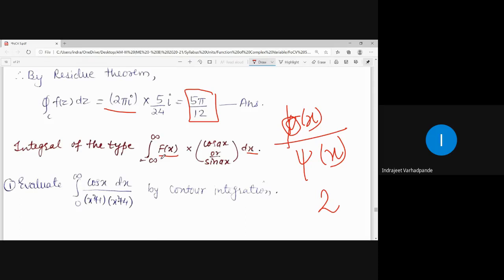Now here also the condition is that the limits should be minus infinity to infinity. But in such a question where the limits are 0 to infinity, we need to apply the property of definite integration which is applicable for an even function. Cos is also an even function because replacing x by minus x in cosine will give you cos only as the answer.